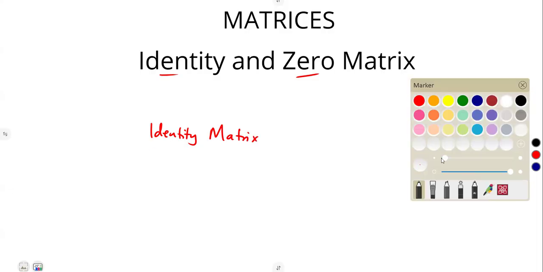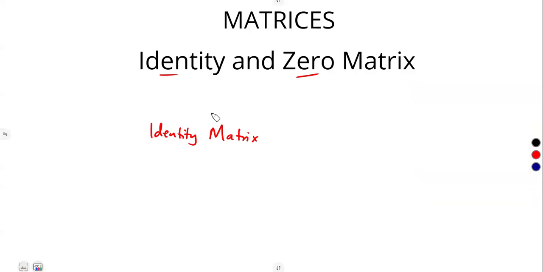An identity matrix, actually, we were supposed to talk about this after we have done with determinants, inverse, and so forth. But in this case, let us consider it. It is represented by the capital letter I, for identity.